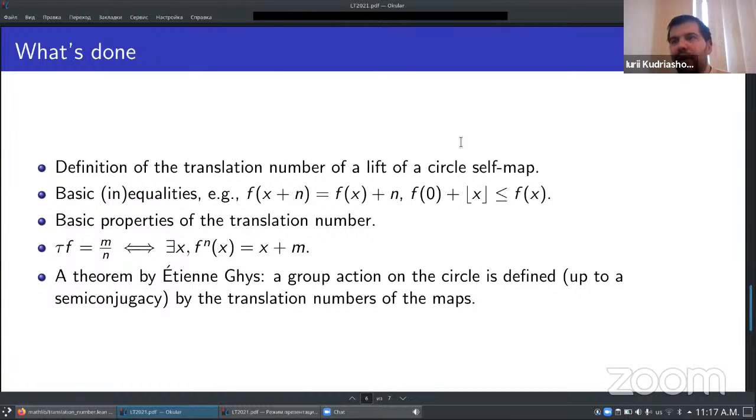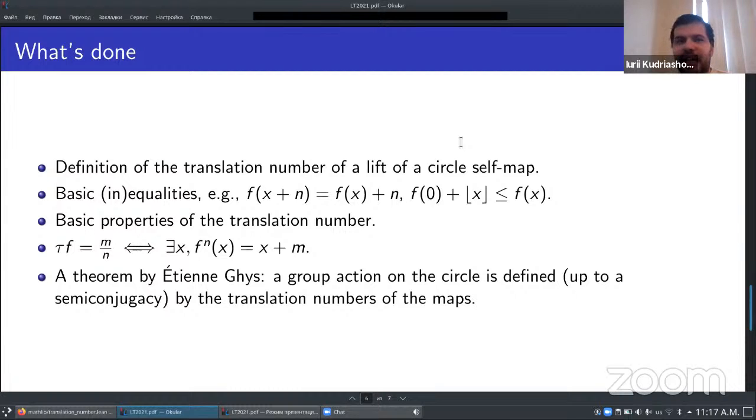Next, some basic inequalities, like we have f of x plus 1 equals f of x plus 1, but then we need to deduce f of x plus n equals f of x plus n, where n is a natural number or n is an integer, or the same but with x minus n or n plus x, etc., etc.